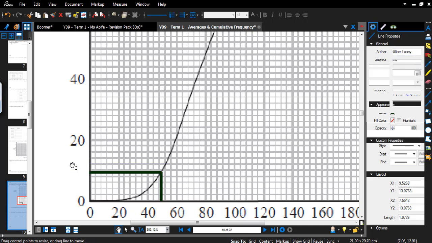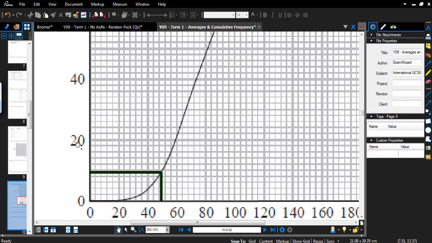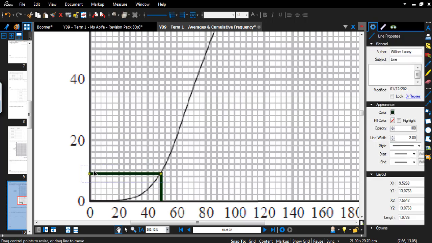Well, what's that? Right, this is 20, so each of these is 2. So it's 2, 4, 6, 8. I don't know. You could go with 9 or 10 here, couldn't you?